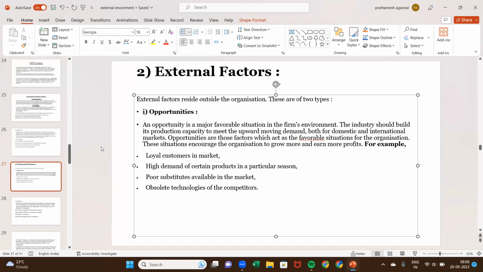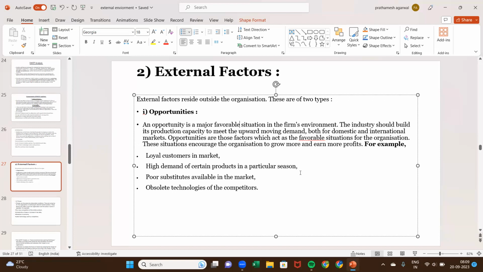Now, your demand is of two types. It can be a domestic demand and it can be an international demand. That means you are manufacturing for yourself also and you are manufacturing to export also. For the organization, these situations encourage the organization to grow more and earn more profits.